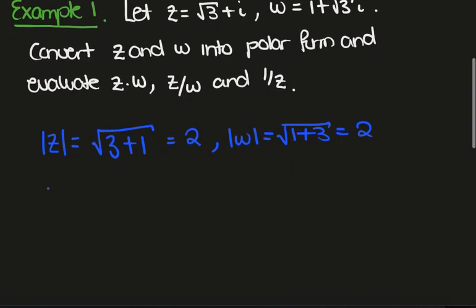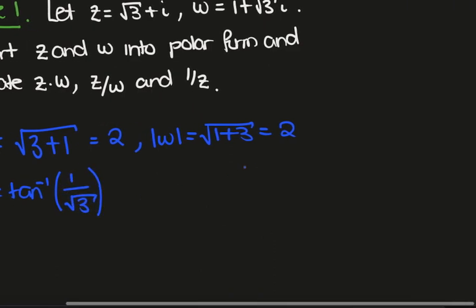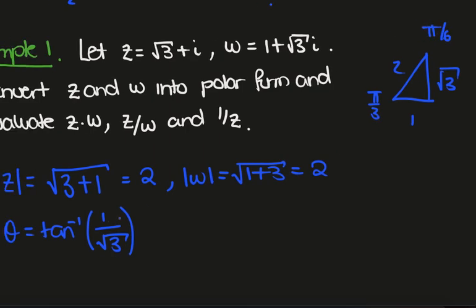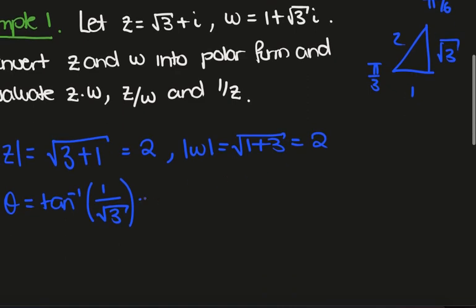We calculate the argument. The argument of z is arctan of 1 over root 3, and to calculate this I'm going to use my triangle: 1, root 3, pi on 3, pi on 6. Now we have opposite over adjacent, so the argument is pi on 6.